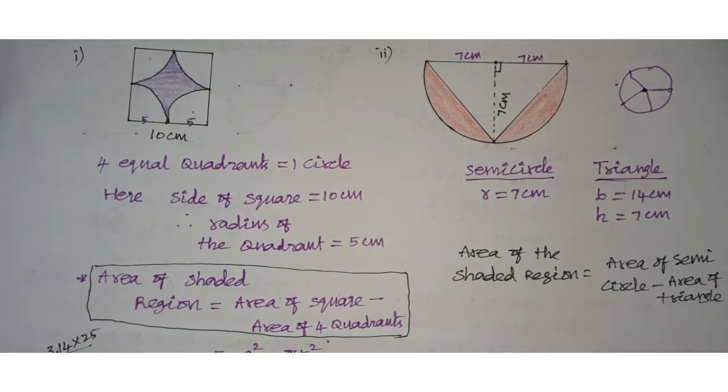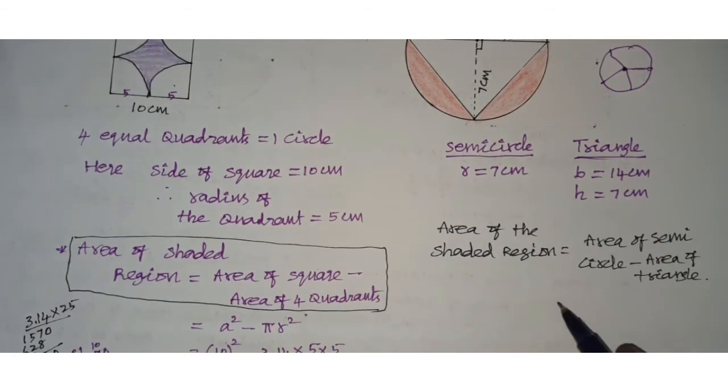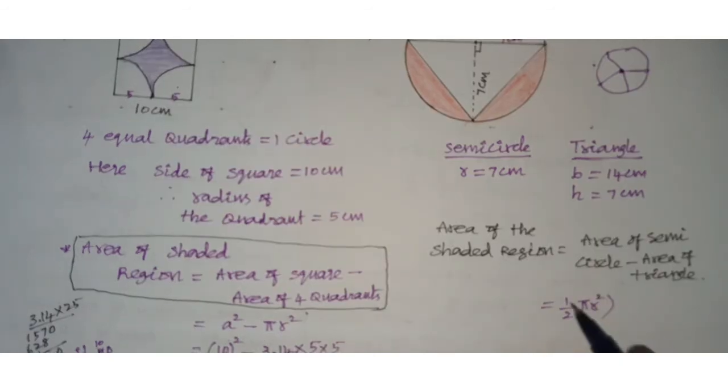So this is the formula. We know very well area of semicircle, the formula is 1 by 2 pi r square, minus area of the triangle, the formula is half into base into height.